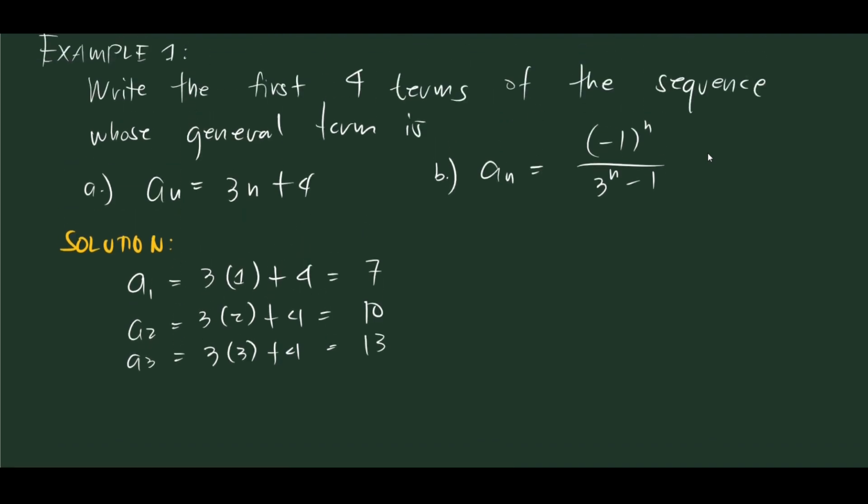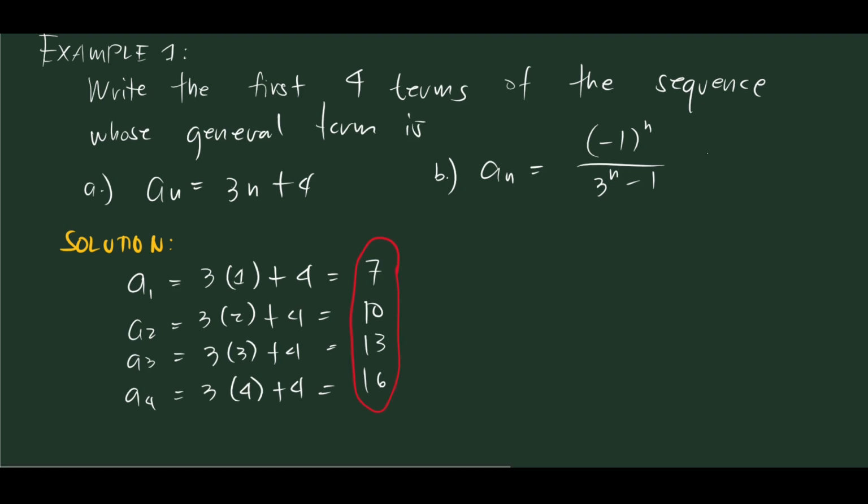What's next? a4 is equal to 3 times 4 plus 4, and this will be 12 plus 4, that is 16. So these are the first four terms of our sequence.